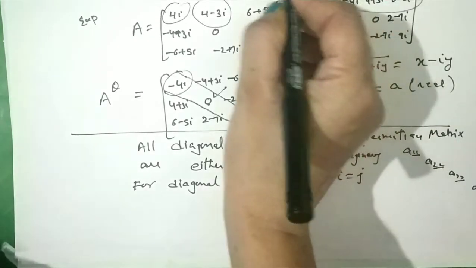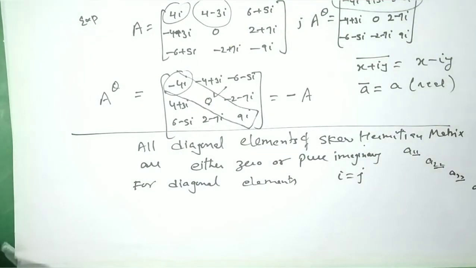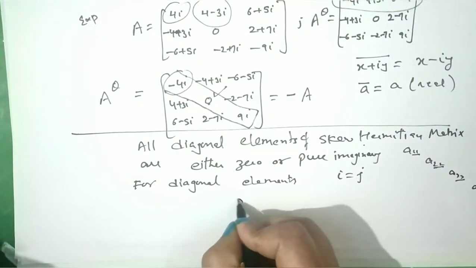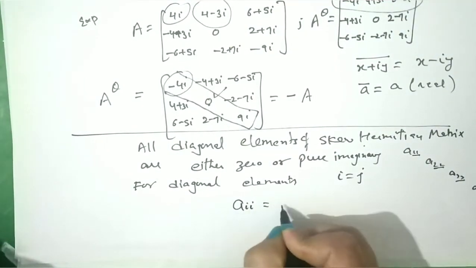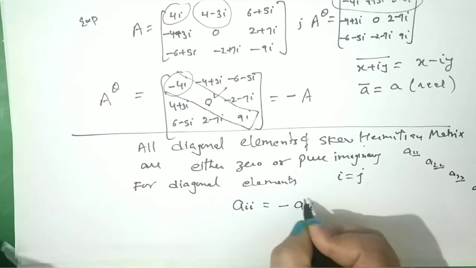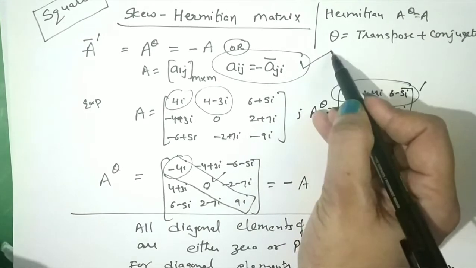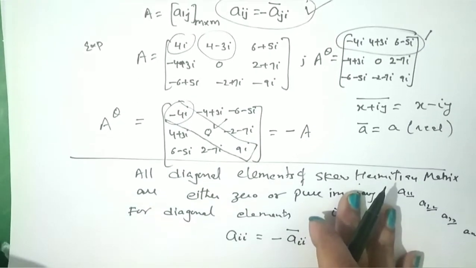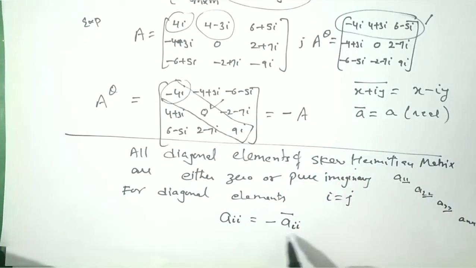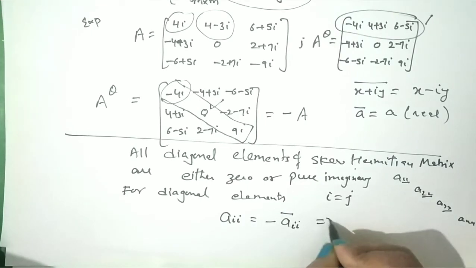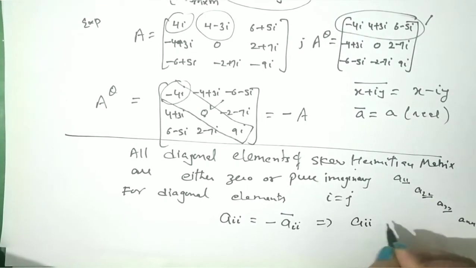If we put it here for the condition of skew Hermitian matrix, which is aii is equal to minus aii conjugate. This is the condition for skew Hermitian matrix. So that should be true for the diagonal elements as well. Now we take both elements on one side.